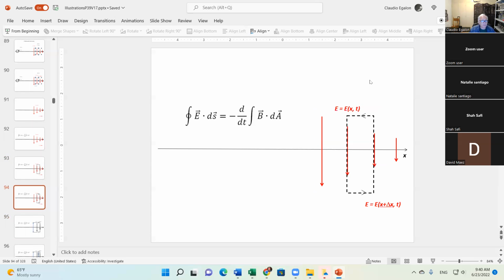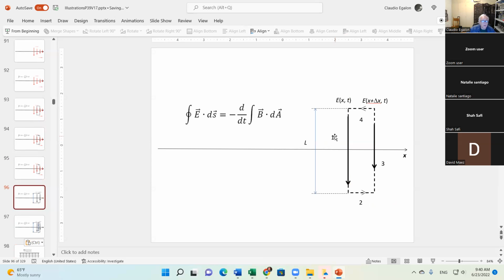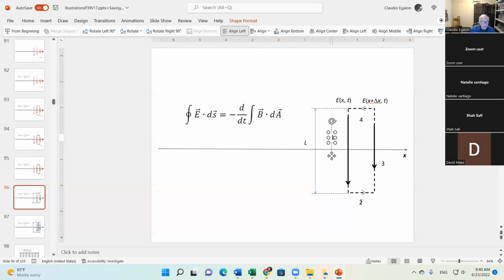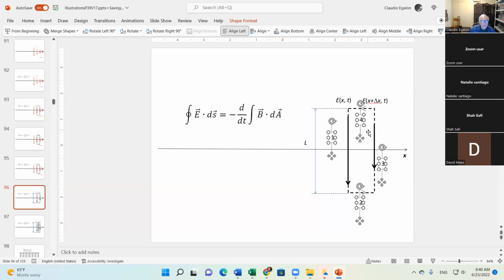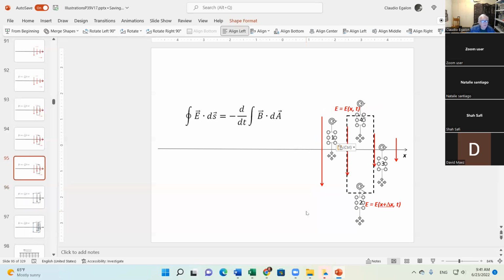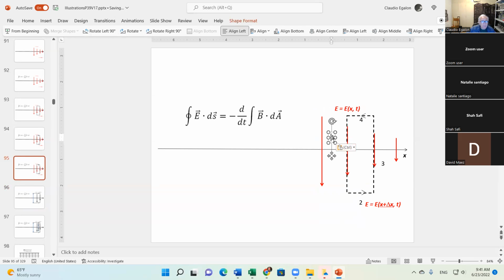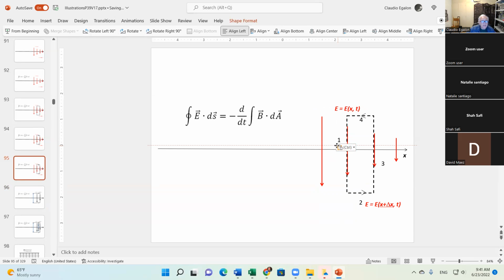Okay, and what we have to do next, we have to label the arms of the loop. We're going to solve this equation here, the left side of the equation now. That's why I'm doing this loop. Arm 1, arm 2, arm 3, and arm 4. I'm going to come up with a generic arm 1, 2, 3, and 4.